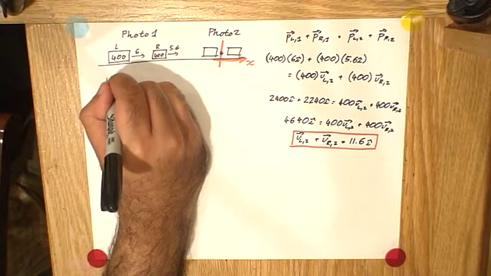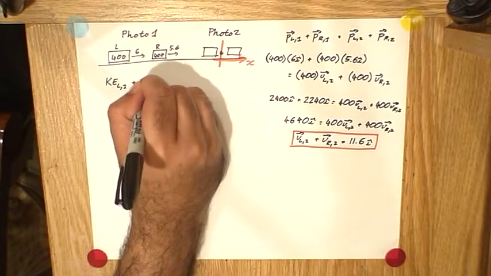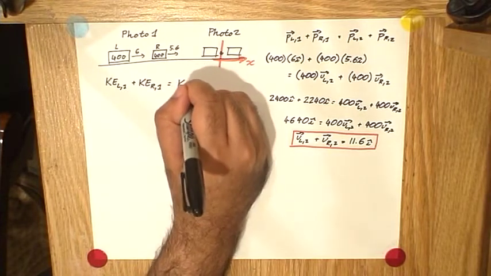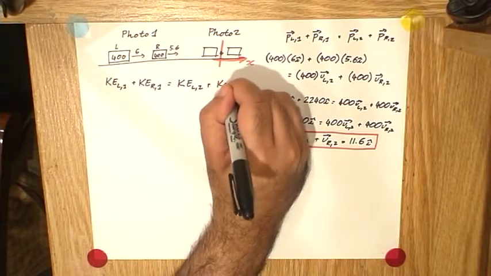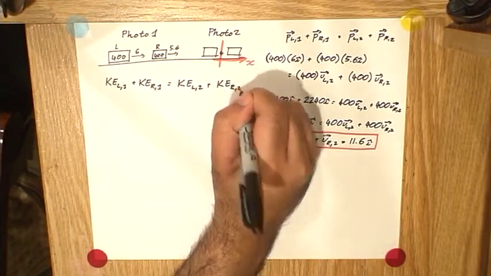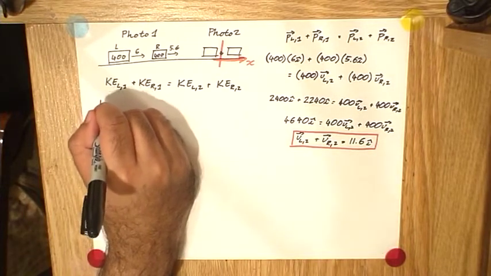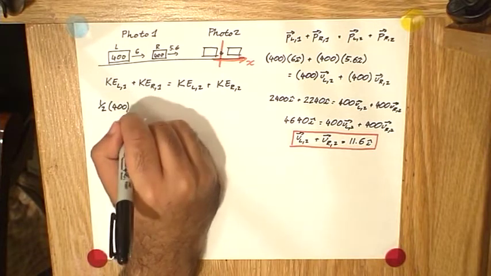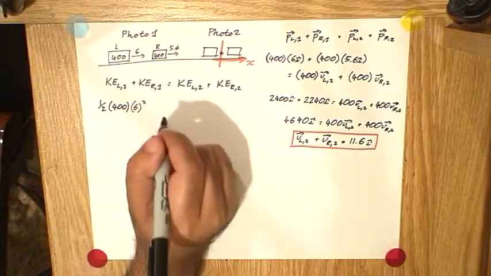The kinetic energy of the left car in photo 1 plus the kinetic energy of the right car in photo 1 equals the kinetic energy of the left car in photo 2 plus the kinetic energy of the right car in photo 2. Expand this out. 1/2 times the mass of the left car, 400, times the velocity of the left car in photo 1, 6 squared.